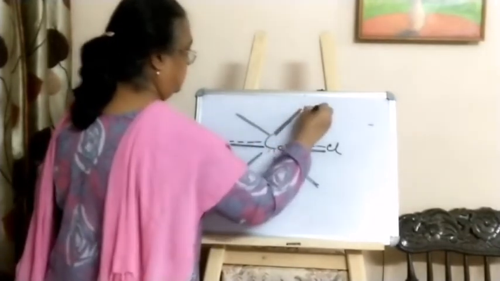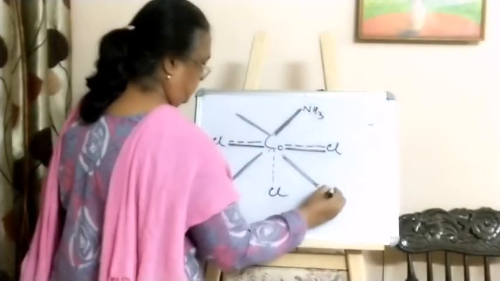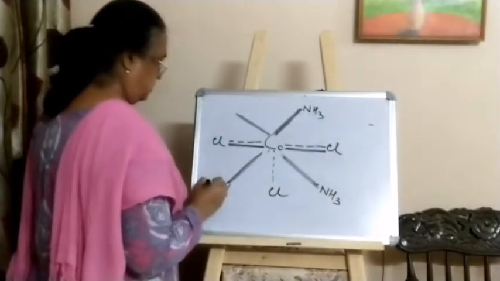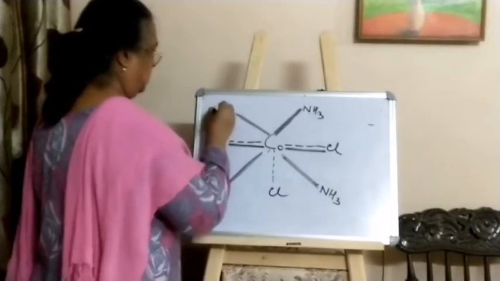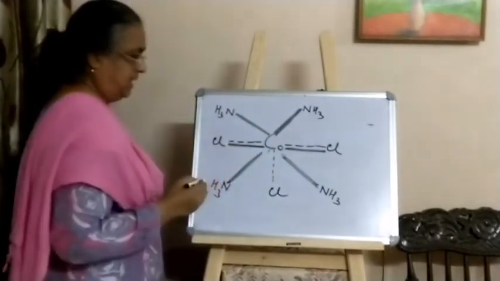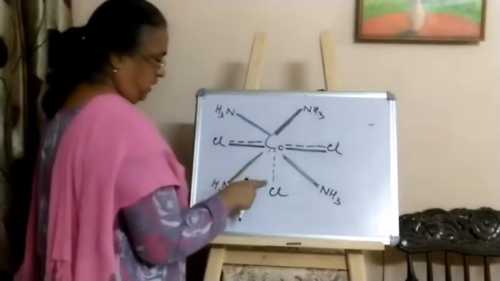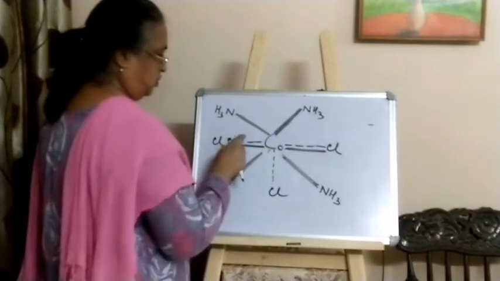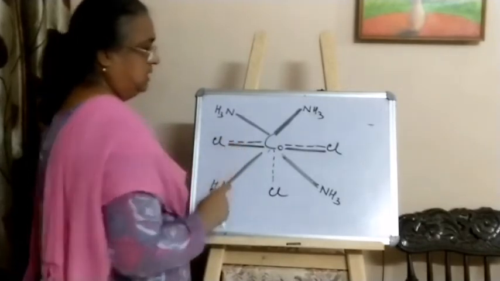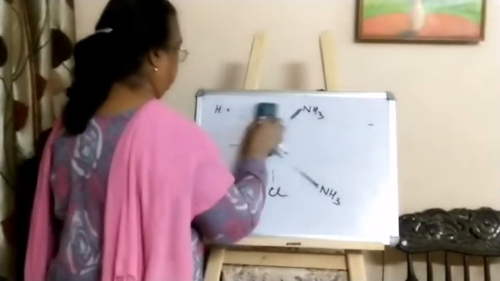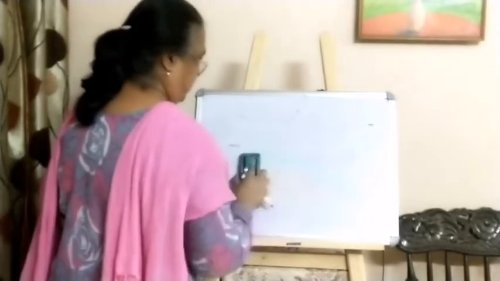So ammonia is attached here, ammonia is attached here, ammonia molecule is attached here. So thick lines are your secondary valency. This is purely primary one, and 2 chloride ions are attached to primary as well as secondary valency. So this was about Werner's theory and its postulates and its structure.